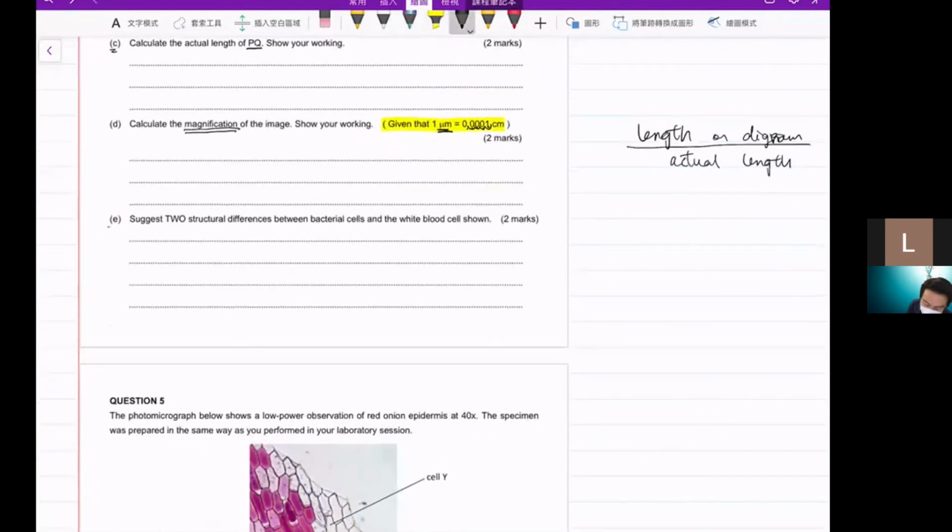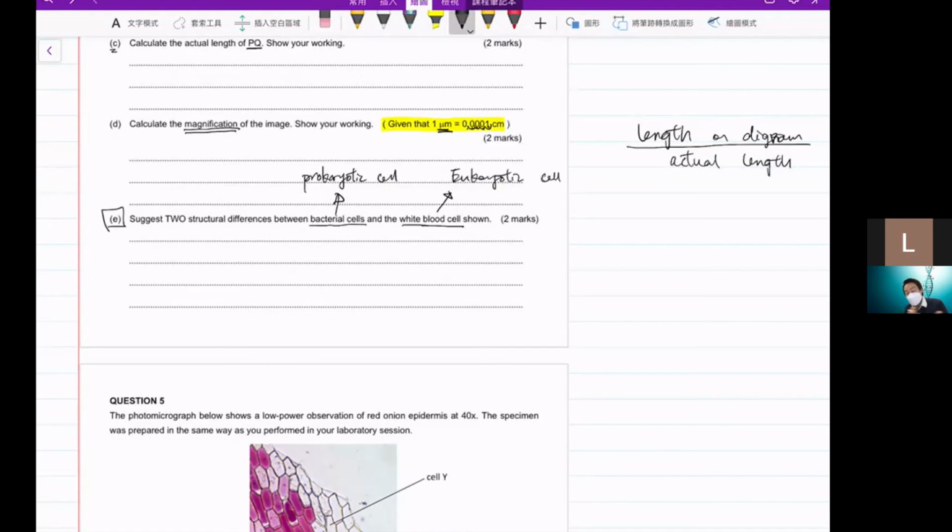For question E, very easy. Differences between bacterial cells and blood cells shown. White blood cell. Bacterial cell is a kind of prokaryotic cell, and white blood cell is a kind of eukaryotic cell.